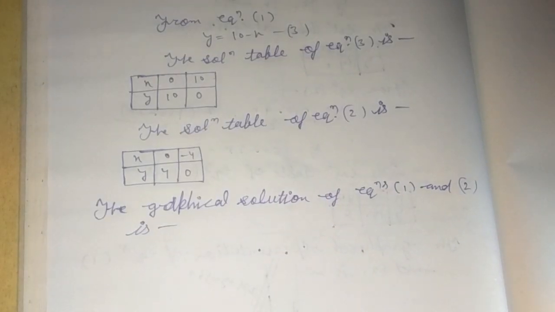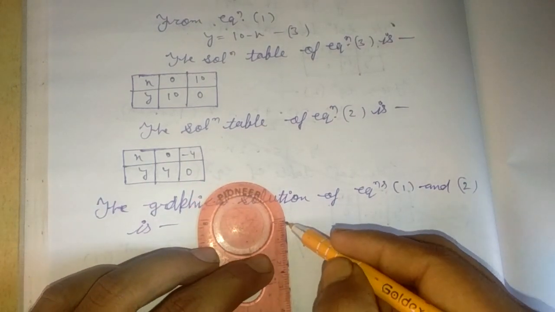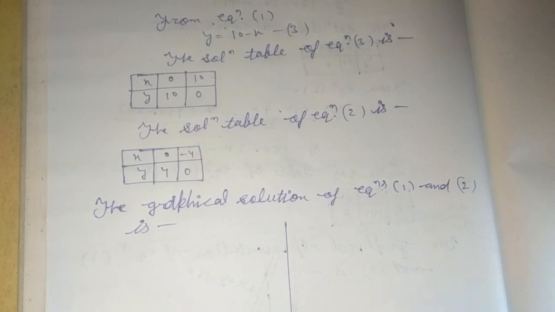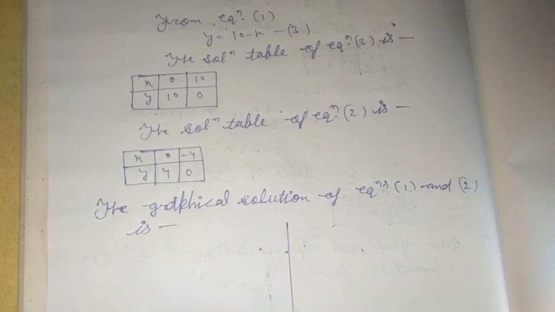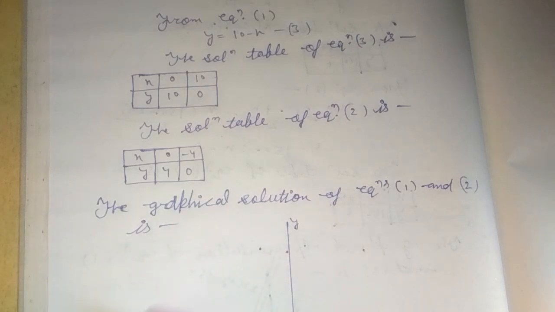So first we draw the xy plane. It is the origin, it is the x-axis, it is the y-axis. We take along the x-axis 1 centimeter equal to 2 units.